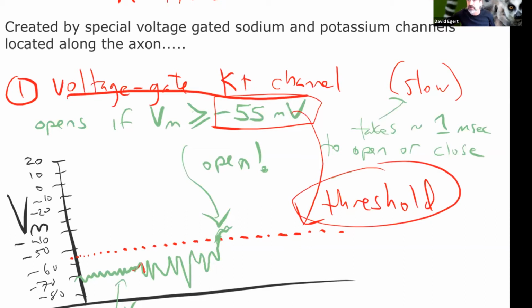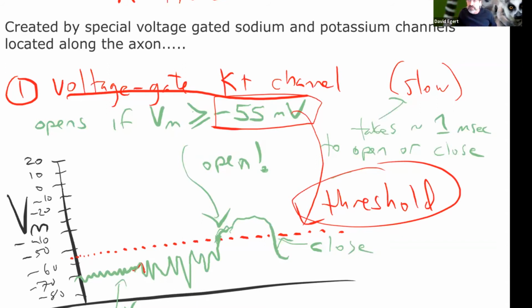But it takes about a millisecond before they actually open up, which is going to be important. Once the voltage goes back down, they close. But again, there's a lag. It's like, oh, look, we're down below threshold again, I guess it's time to close, right?